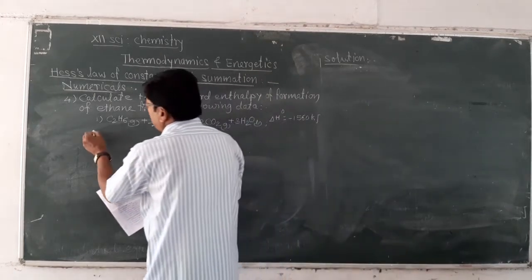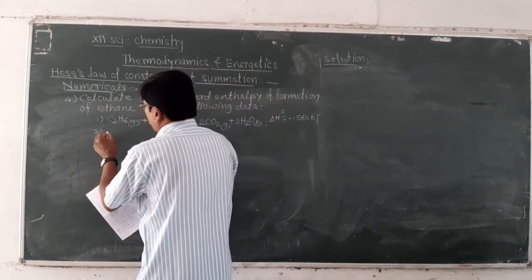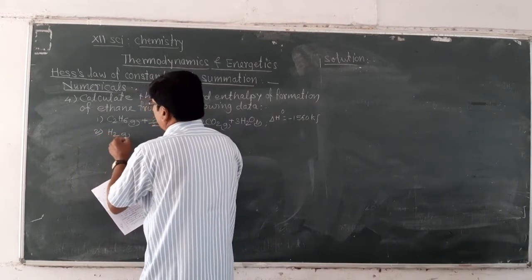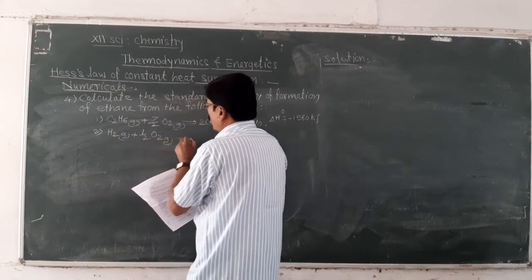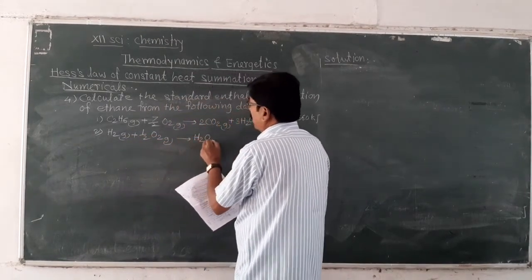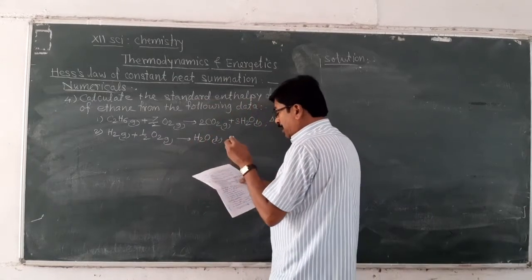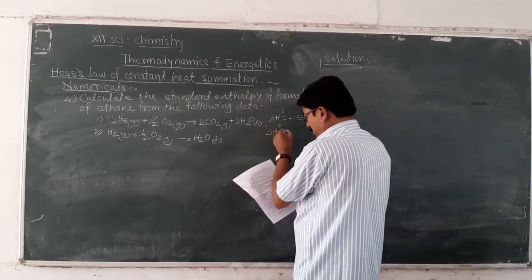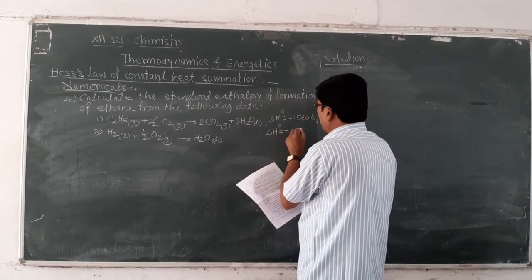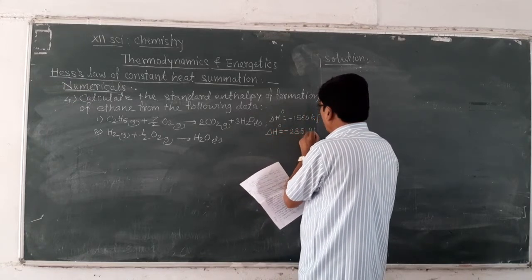The second equation is given: H2 gas plus 1/2 O2 gas gives H2O liquid, and the enthalpy of this reaction is minus 285.8 kilojoule.